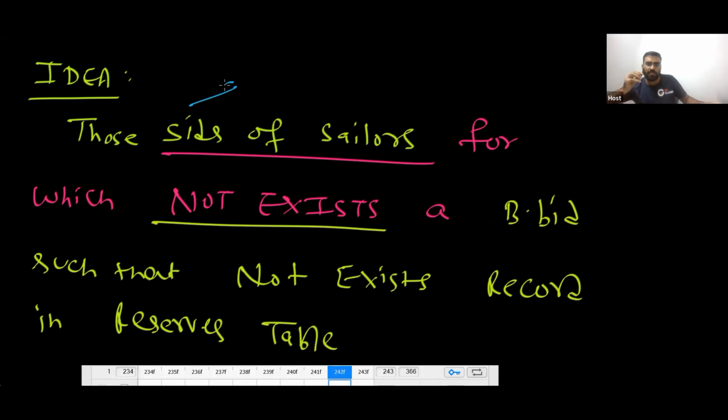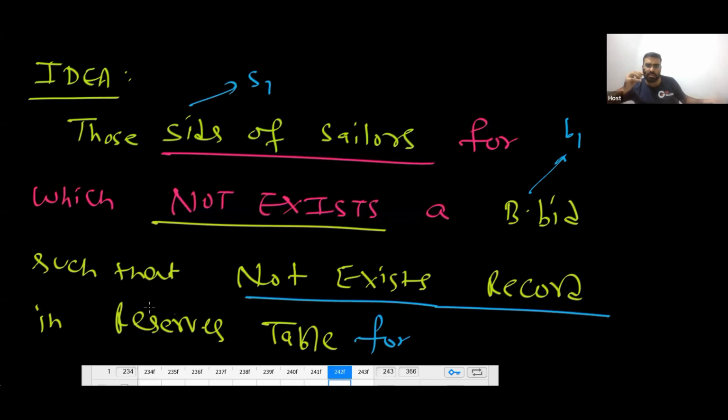For that bot ID, there does not exist a record in the reserve table with S1, B1 in the same row. Yes or no? S1, B1 in the record.